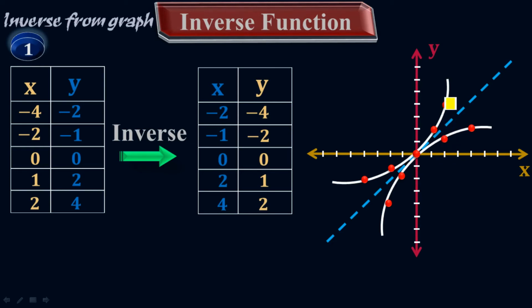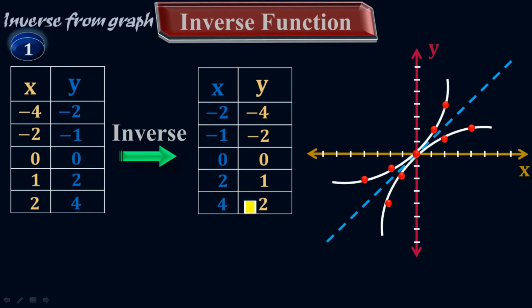It makes the point 4 along the y-axis, +4. Now, if I compare this coordinate point of the original function with the adjacent point of the inverse function, as we know this becomes the y value and this y becomes the x value for the inverse.